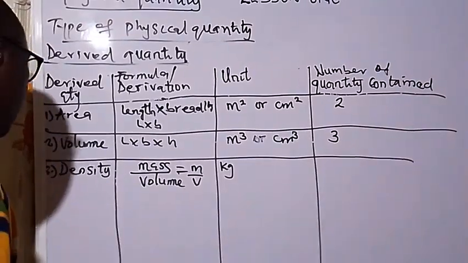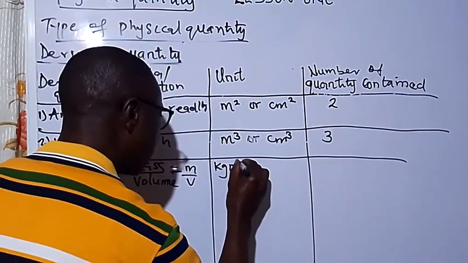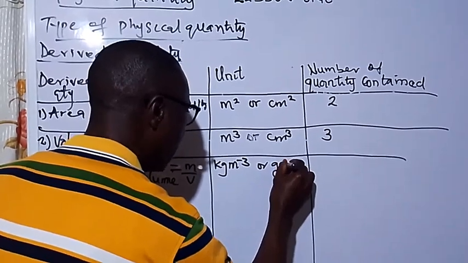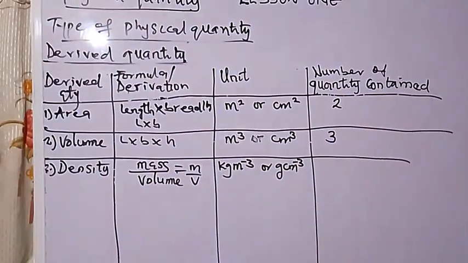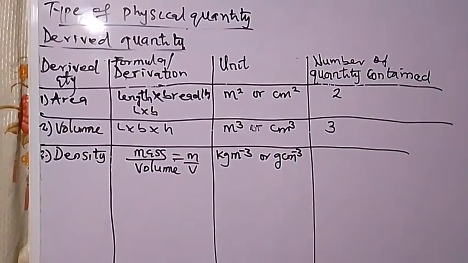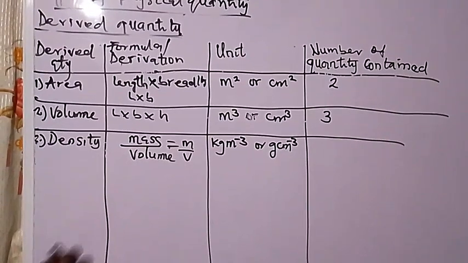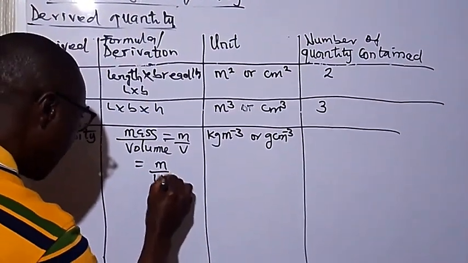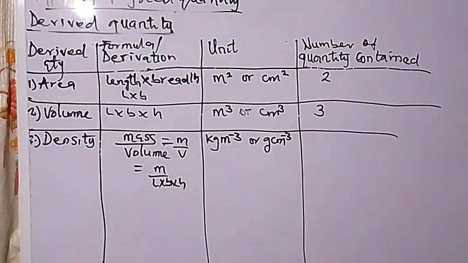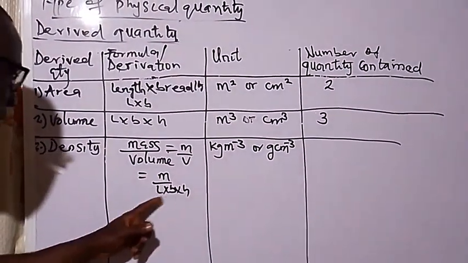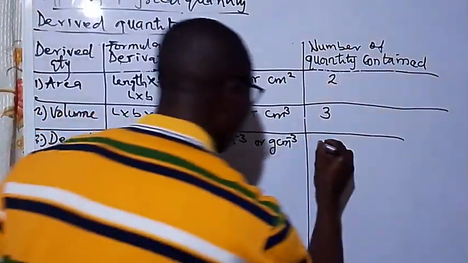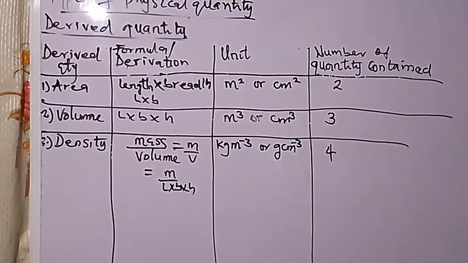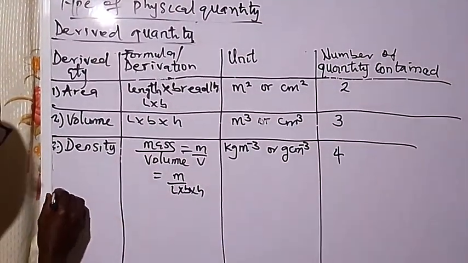It means the unit of density will be kilogram per meter cube, or it can be gram per centimeter cube. And the number of quantities it contains, let's analyze further. That will be mass over length times breadth times height. If you count the number of quantities, 1, 2, 3, 4, that's making 4 quantities that can be formed from density.